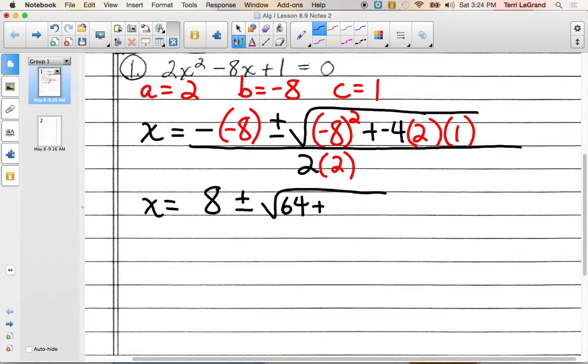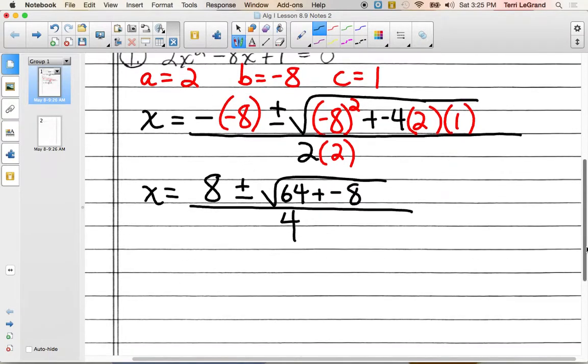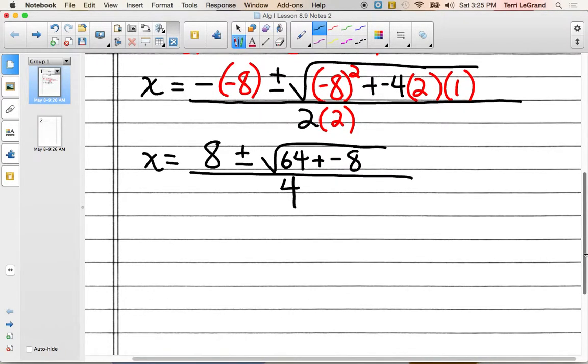And then we have our negative 4 times our 2 times our 1. That is negative 8. And downstairs we have 2 times 2, or 4. The only thing we're really going to need to do in this next step is simplify what's underneath the radical sign. So we're going to have 8 plus or minus radical 56 all over 4.